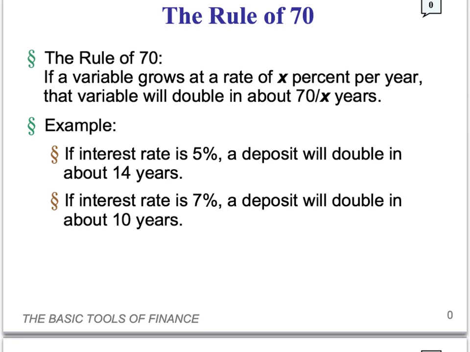The rule of 70 is a very popular rule, and you'll hear it talked about in politics sometimes, but all it is, you take the equation of 70 over x, and x is the interest rate, and that gives you years to double.